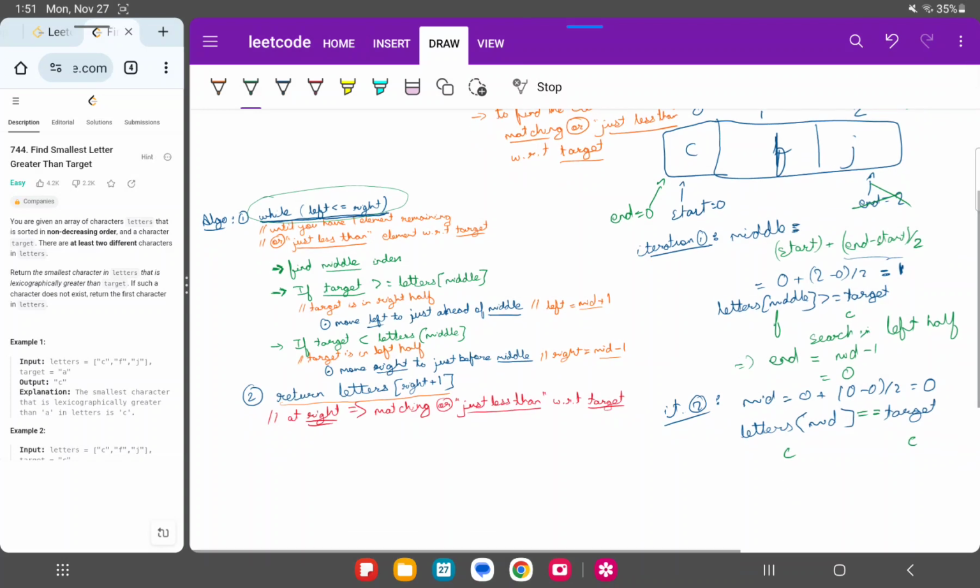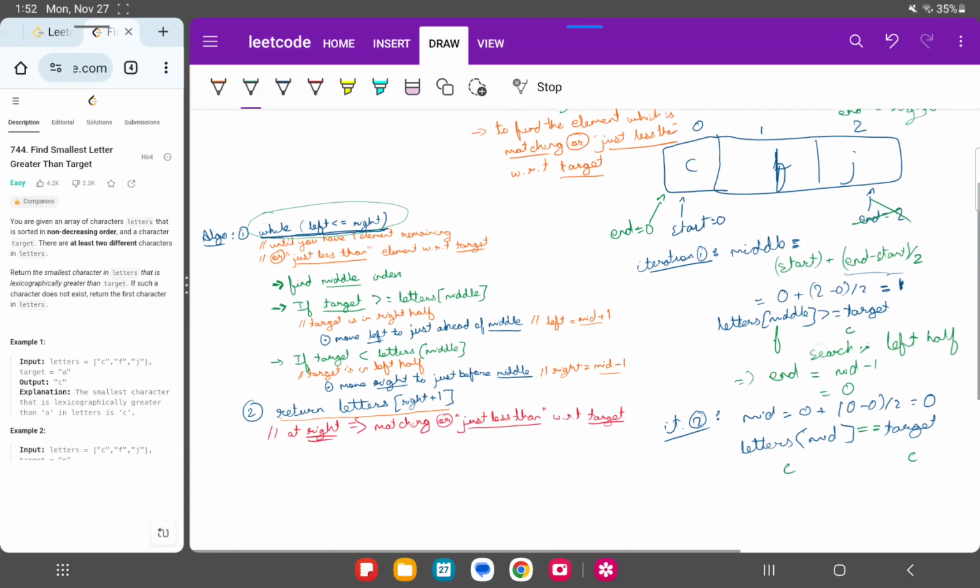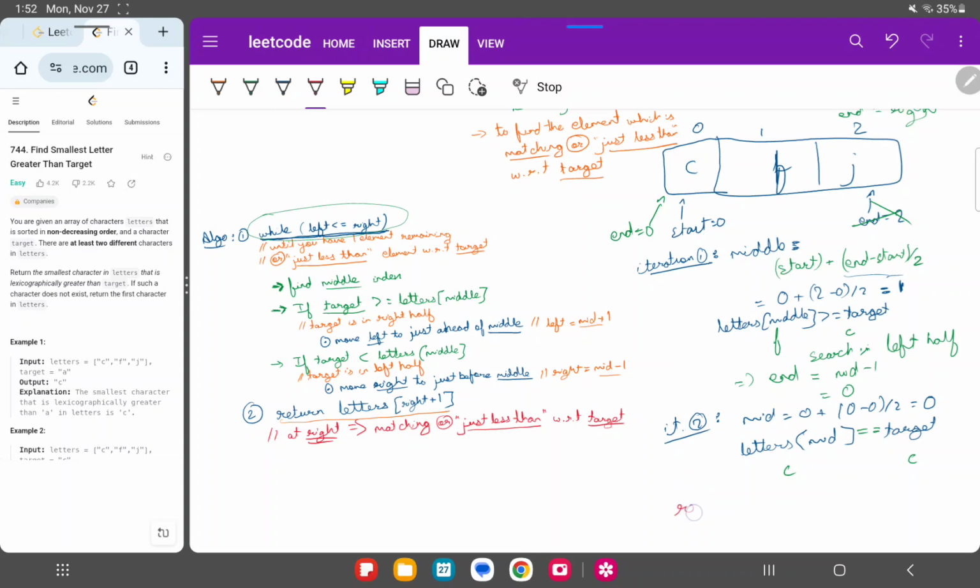So once we have a match, we exit the loop and we return, what do we return? We return letters, in this case right plus 1, or end plus 1. So end was 0 plus 1. So we essentially return F in this scenario.